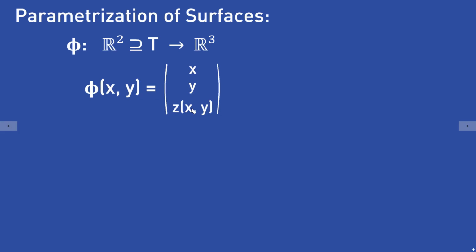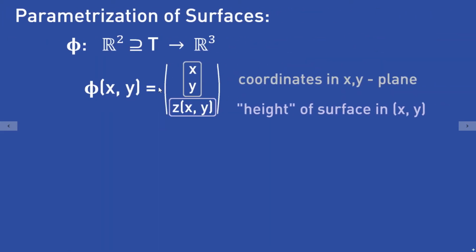By the way, we also call this parametrization a graph. So here we have the coordinates x and y in the xy plane. And z here describes the height of the surface in each point x and y.